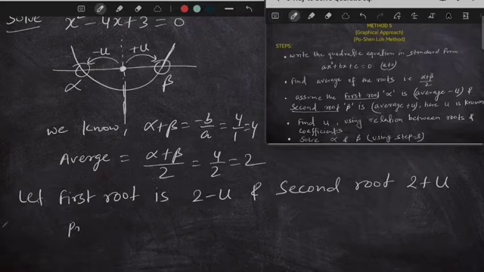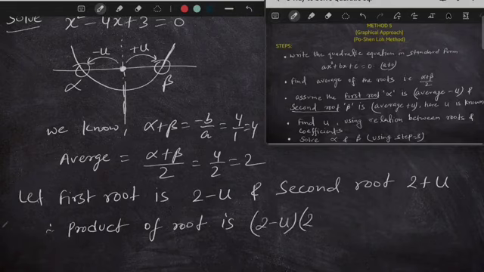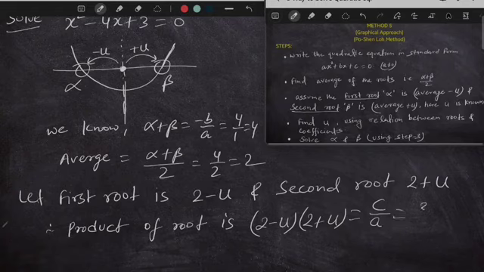So the product of roots, 2 minus u and 2 plus u, is c by a, that is 3 by 1, that is 3.